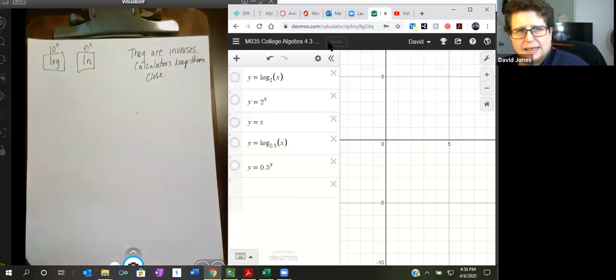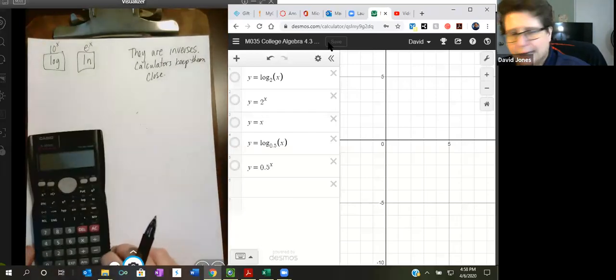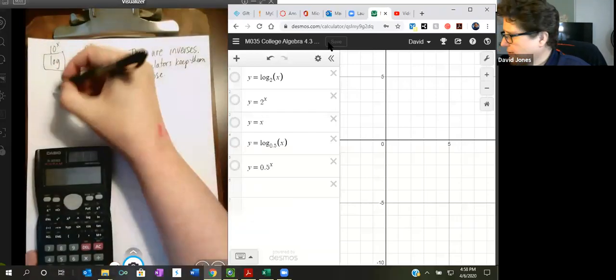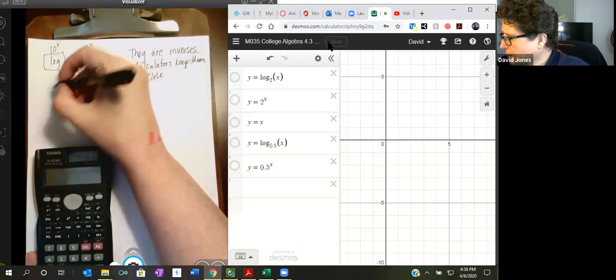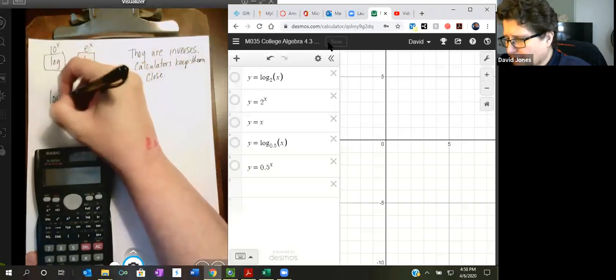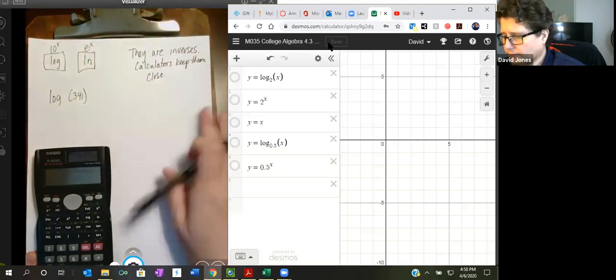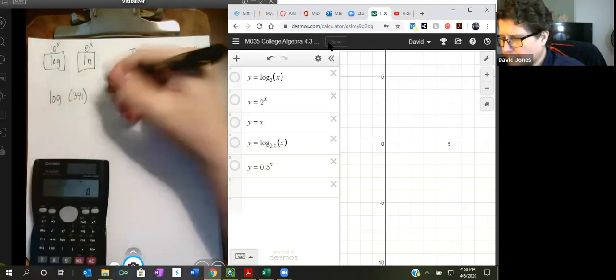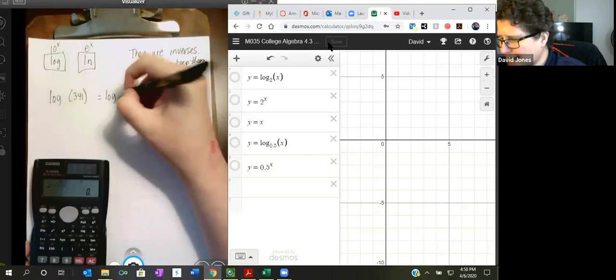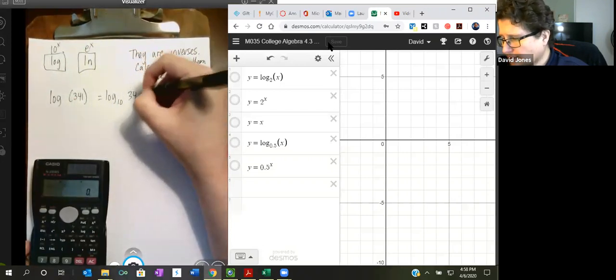If your calculator is like mine, let's just take a look at a number. Let's look at log of 341. This means log base 10 of 341.